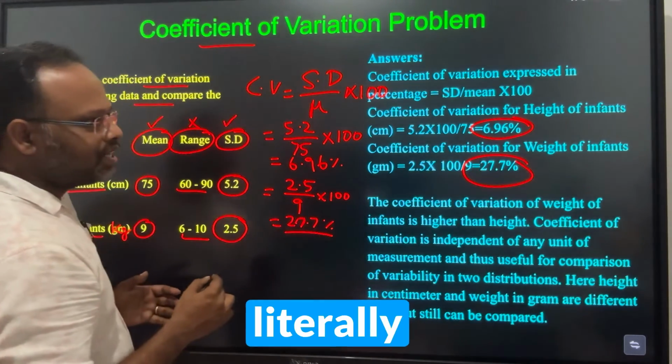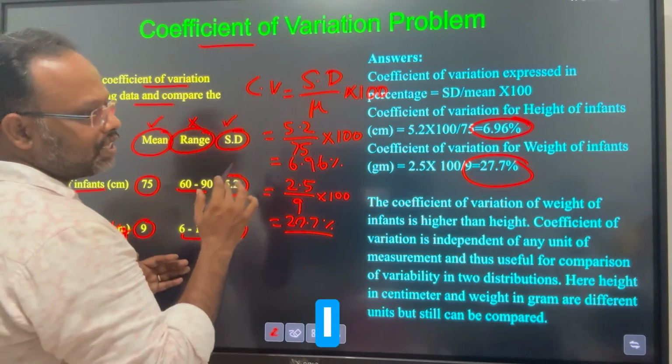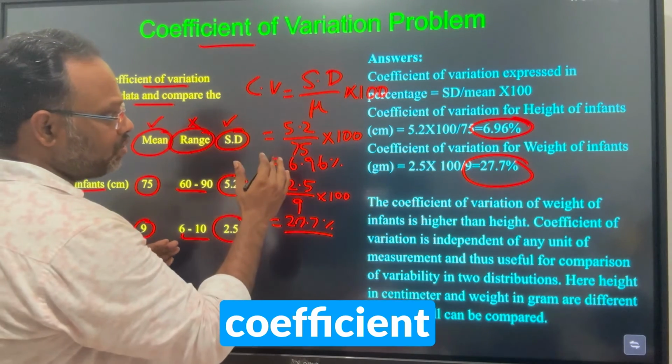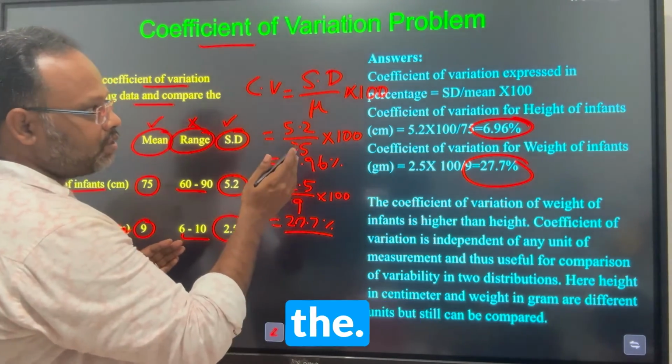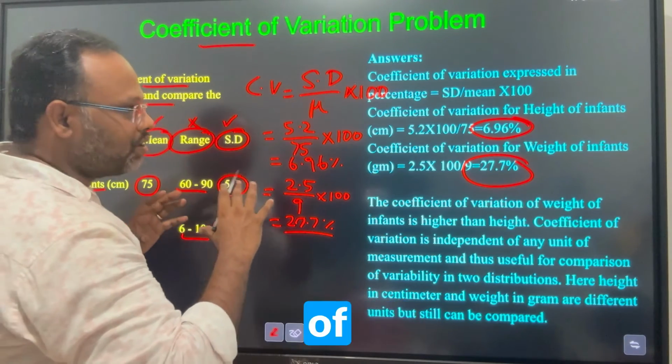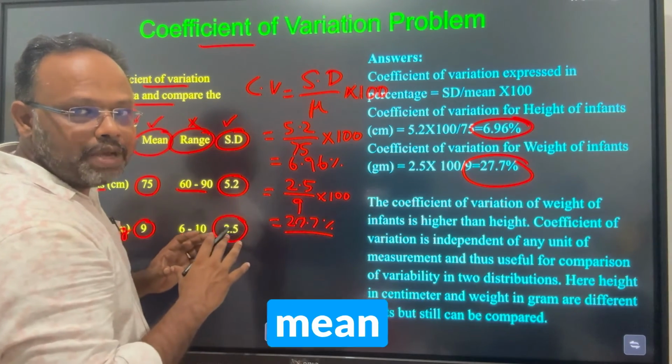So what it literally means is, as I said earlier, the coefficient of variation is the expression of the variation of the variable compared to the mean value.